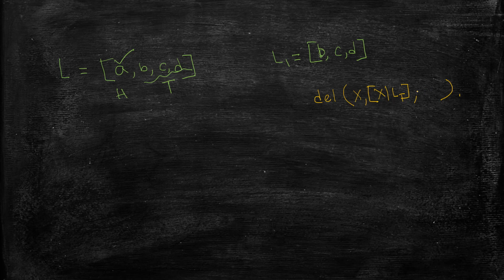Here also the thought process is important. What I am trying to achieve is that my third argument, whatever it is, should be the same as the tail of the list L. Then only I can say my X has been deleted from the first element of the list. So if I write L T here, that will serve my purpose.